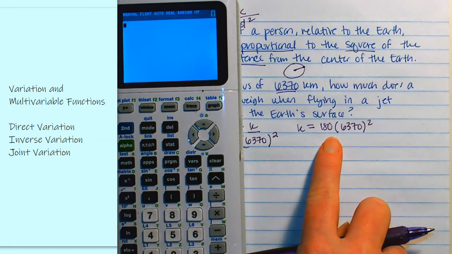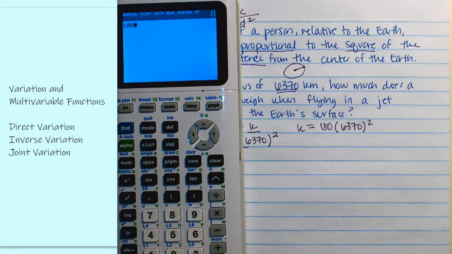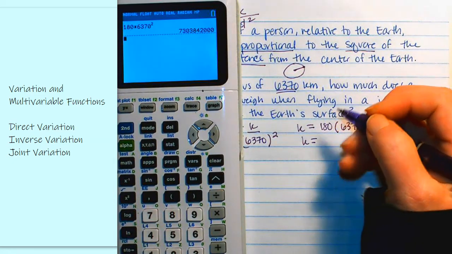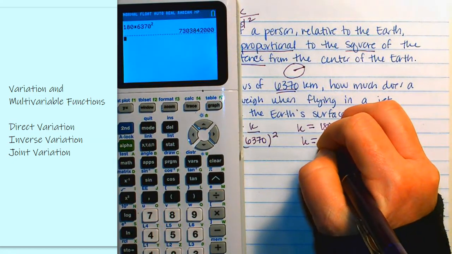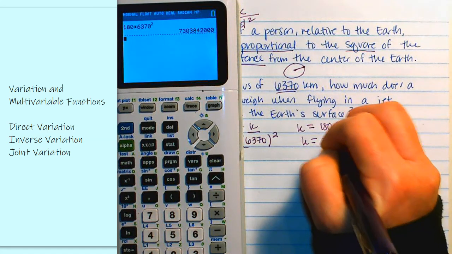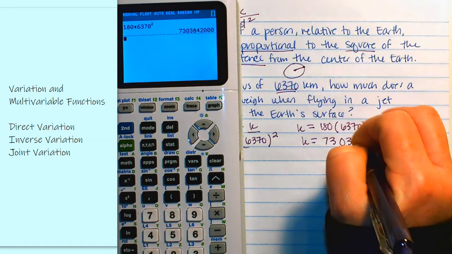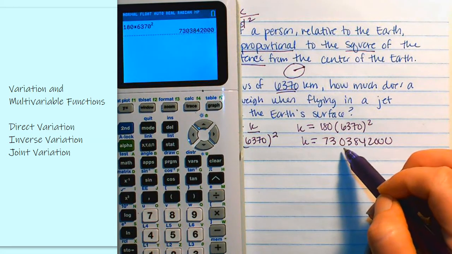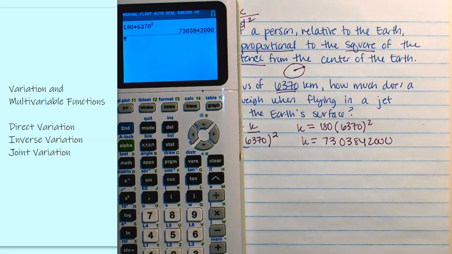So we have 180 times 6370 squared equals, K is equal to, and the book has made this in scientific notation, but I'm just going to write down what they have here. 730,384,2000. Okay, so that's what K is equal to.